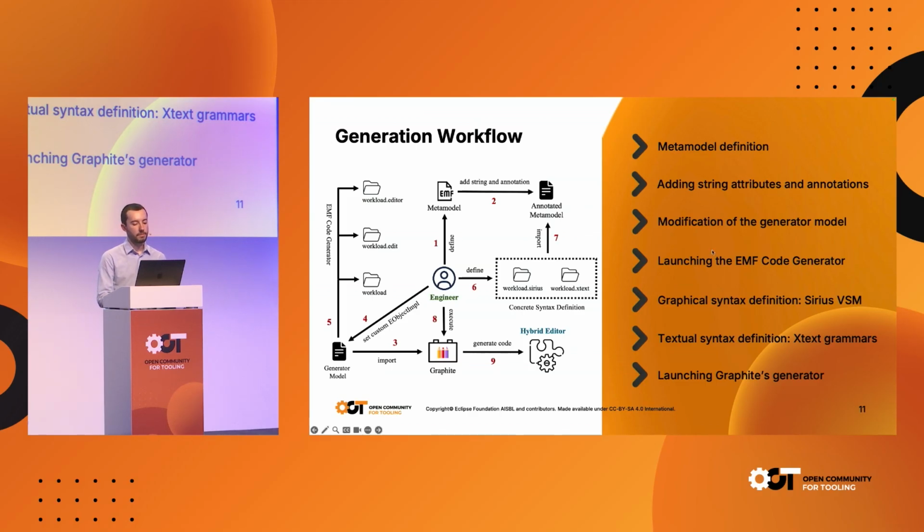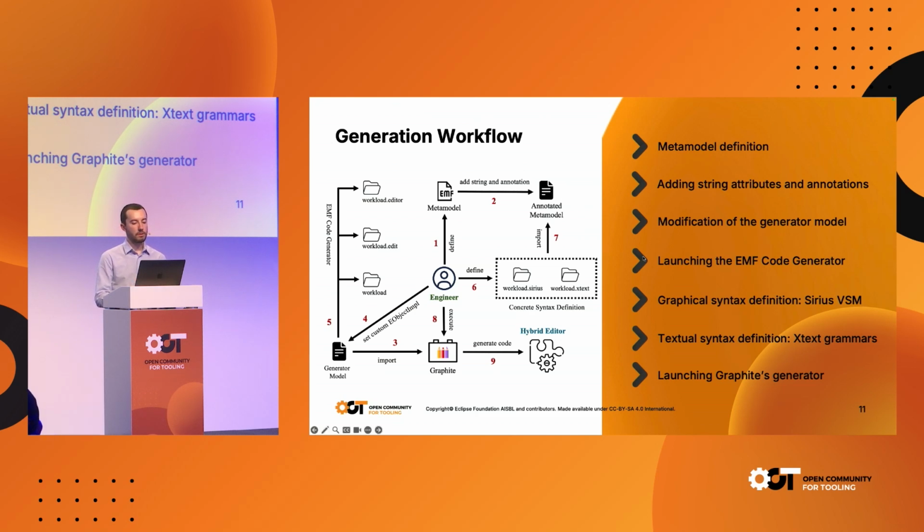Once you've done that, you can launch the EMF code generator, and then this would generate 3 projects. They are Java projects. They contain the model code, the edit code, and the editor code. They contain Java code, and they define the modeling infrastructure that enables EMF modeling.